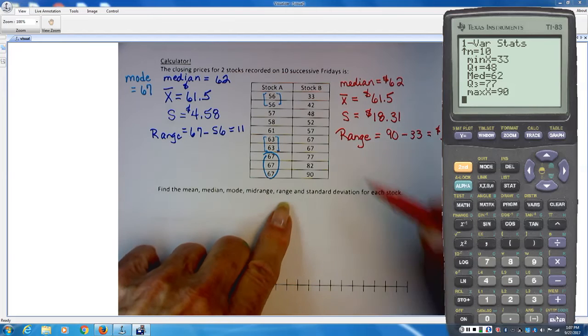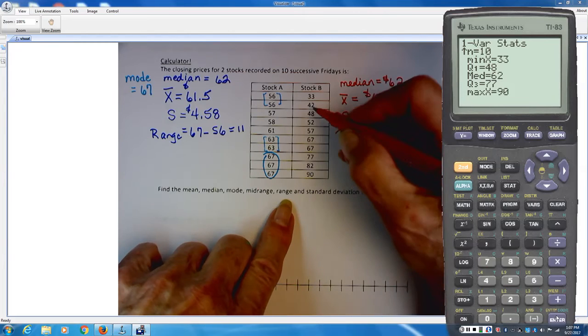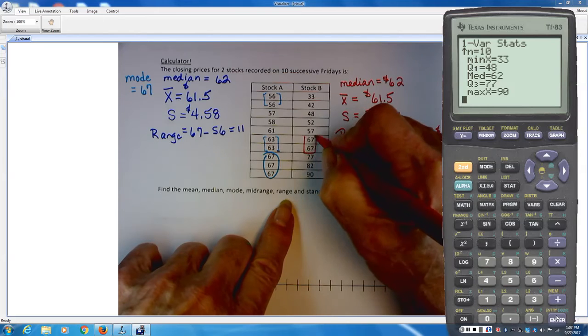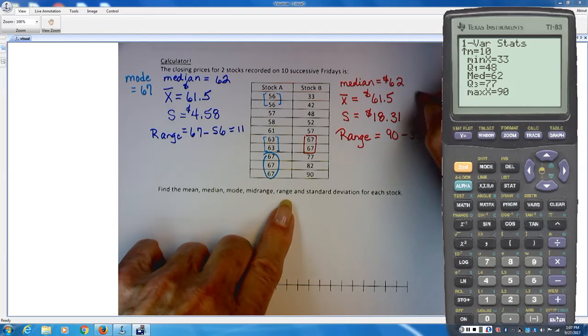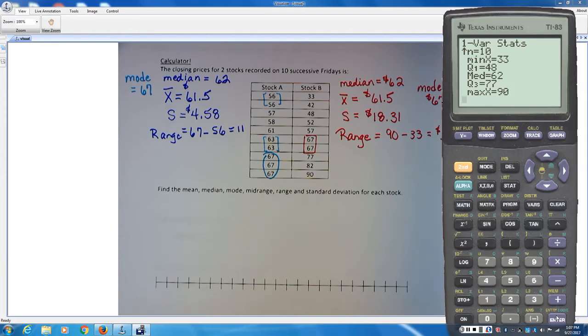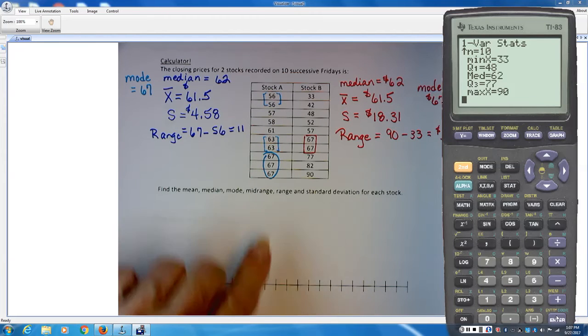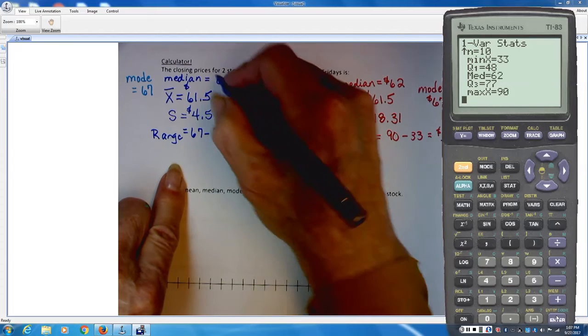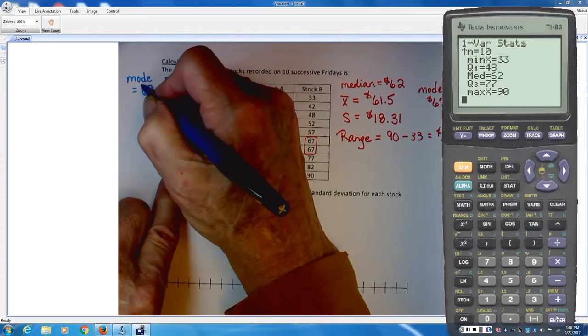And looking at the data itself, we see that the mode, let's see, the only thing that shows up twice is the 67. Of course, these are all dollars.